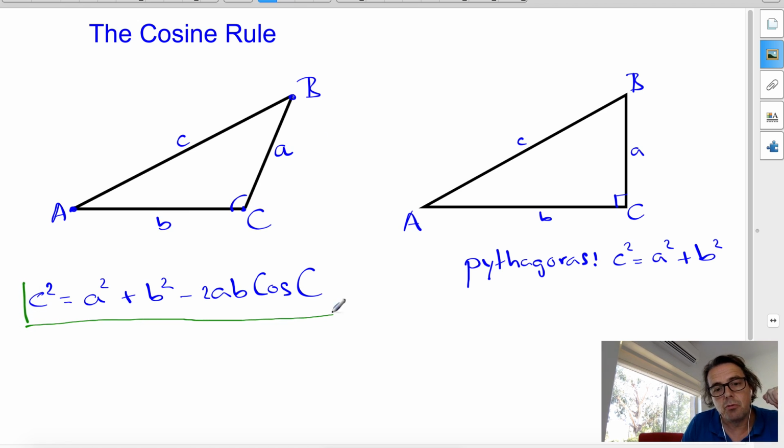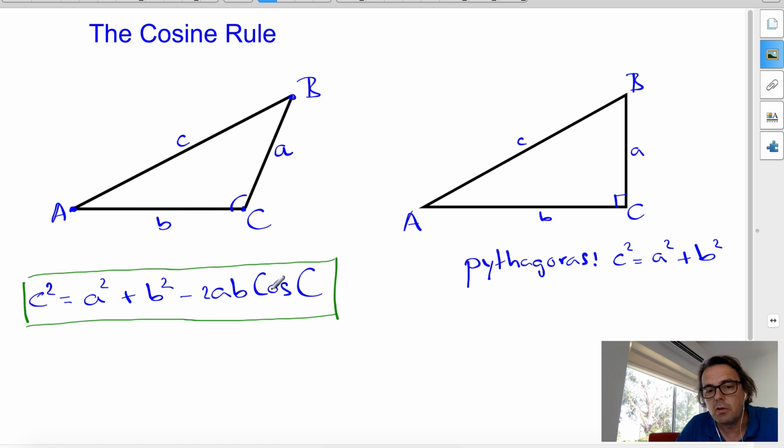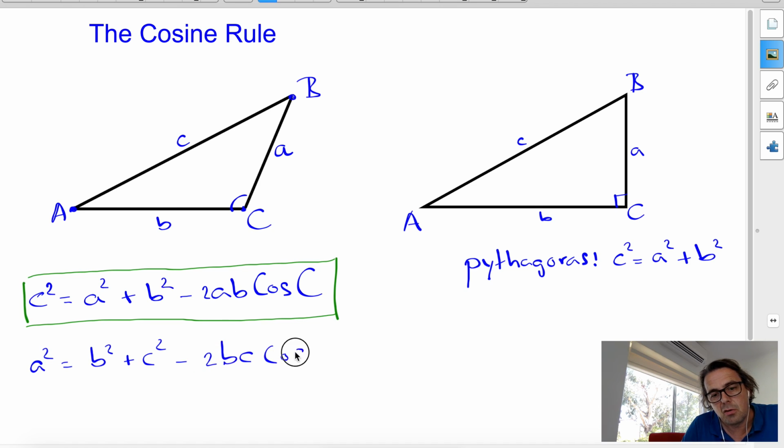Now again, this is not a proof. The proof is in the book. But this is the cosine rule. Now I can twist this cosine rule around. That's the beauty of it. So if c squared equals a squared plus b squared, take 2ab cosine C, I might as well say a squared is b squared plus c squared, take 2bc cosine A. It's the same thing, but looking at it from a different perspective.